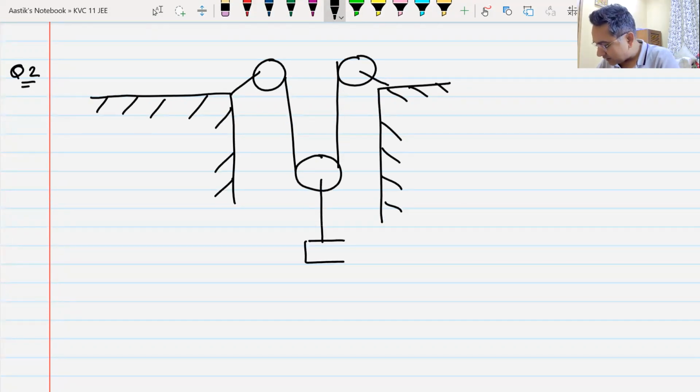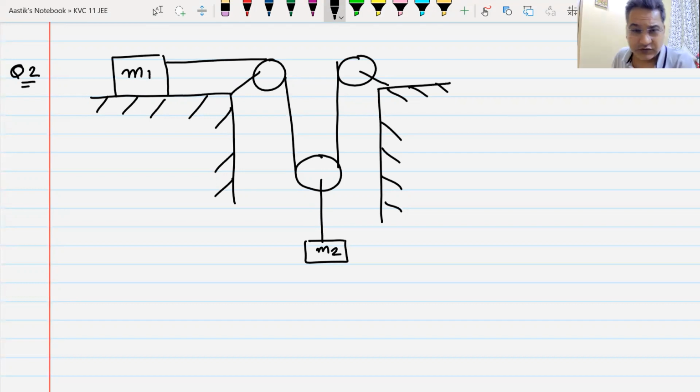Here you may not know for definite where the block is going to move, but you will have to make an assumption where the block is going to move, and you get your constraint relation according to that assumption. So once you get your constraint relation, you will have to make the equations in the same way.